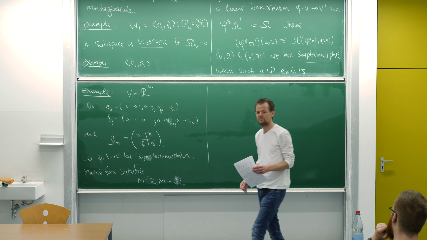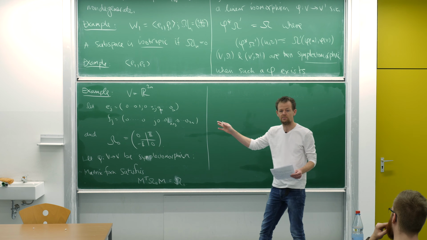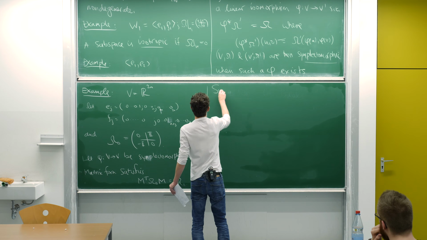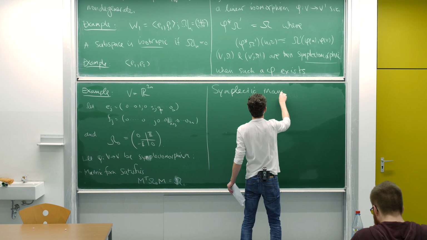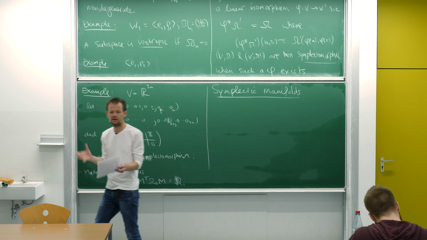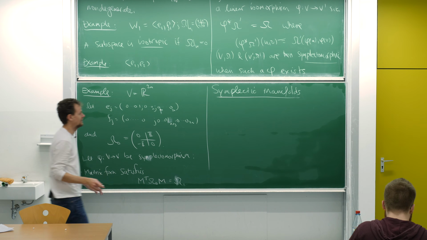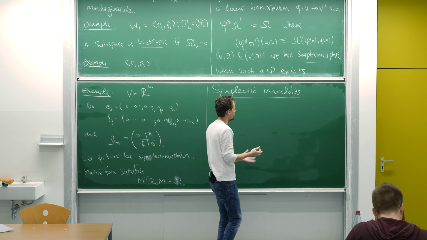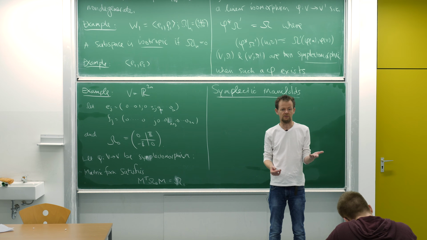But right now, let's just march on and get to the main object of study in this course, namely symplectic manifolds. It turns out we now have assembled enough background material to write down the definition of a symplectic manifold. And the motivation, before I write down the definition, is, well, a manifold is locally like a vector space, right? So there's this tangent space you can always associate to it.